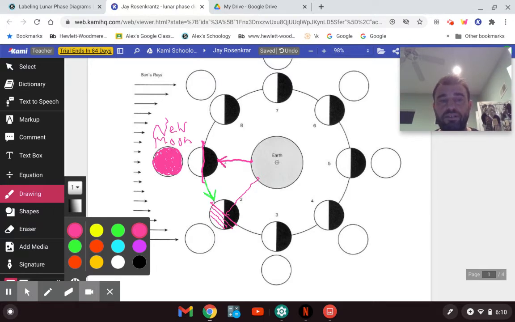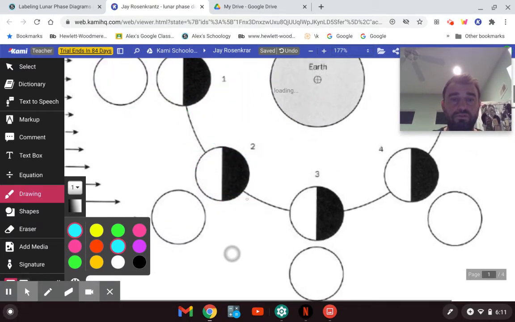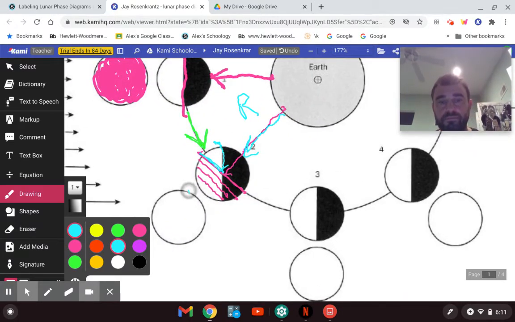So they're only going to see this really tiny sliver here. Okay? And if the person is standing on Earth looking up this way, that light is actually going to be on their right. So what they're going to see is a very small moon, but it's going to be lit on the right.